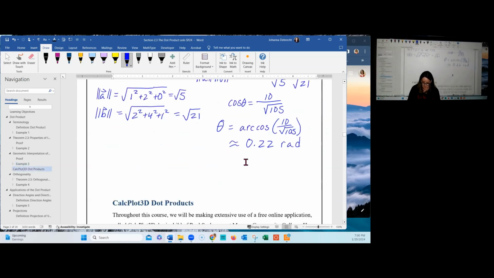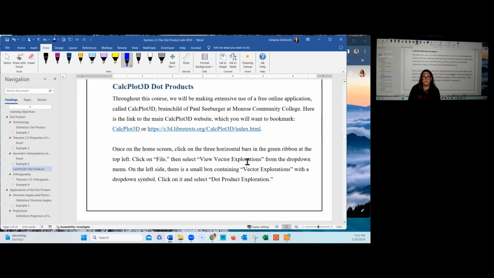Now that we've been playing around with dot products for a little bit, let's talk about some technology we can use to explore these fascinating products. The program that we're going to be using most often this semester is called Calc3D. It's a free online application to visualize and perform operations in Calculus 3, in multivariable calculus.